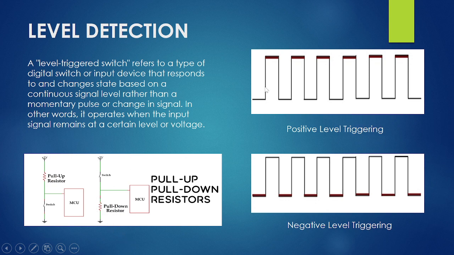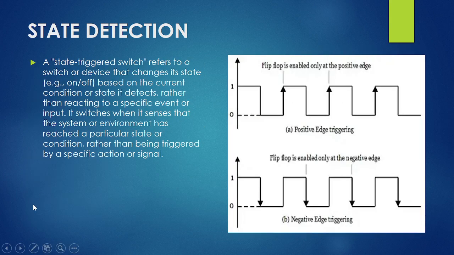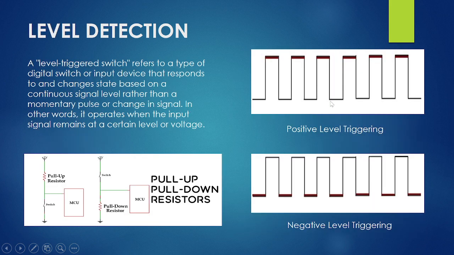In a level triggered switch, as it reaches the up level or the down level, a particular action is triggered. An application would be level triggered LED toggling, a level triggered switch through which an LED should be toggled.